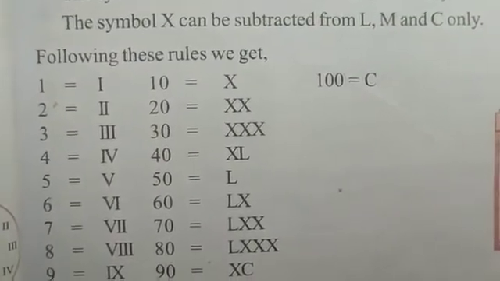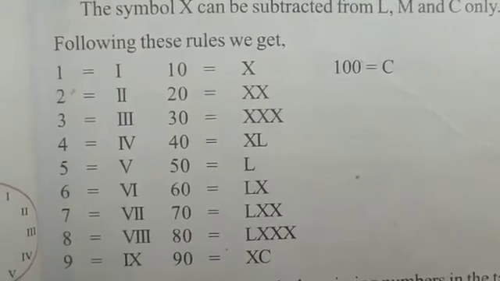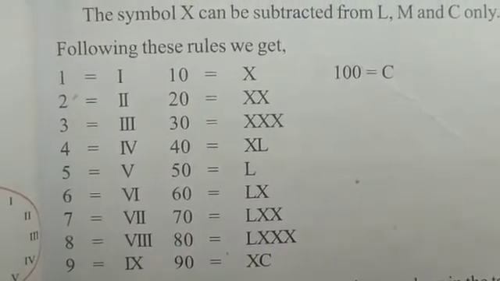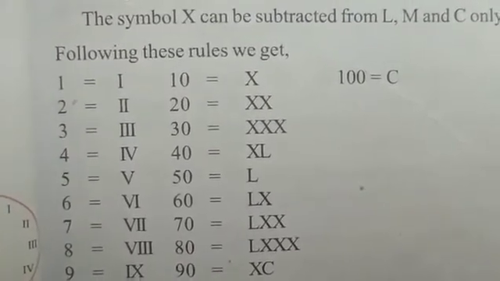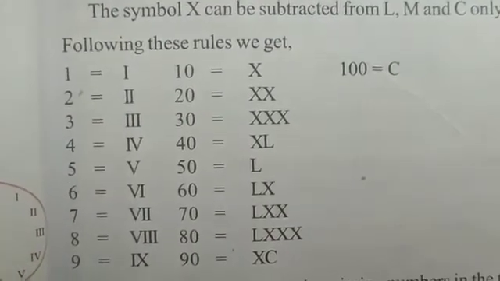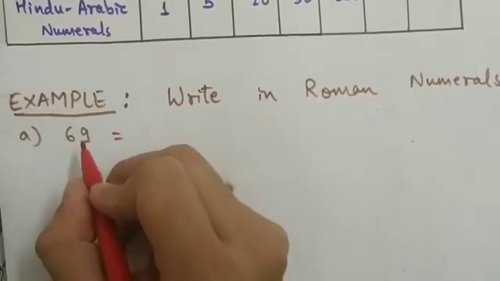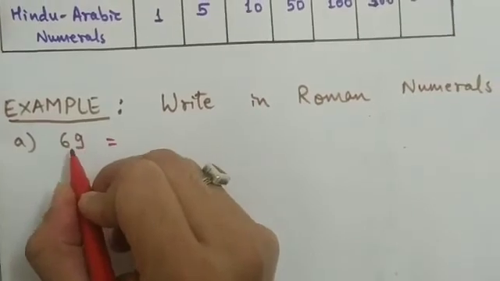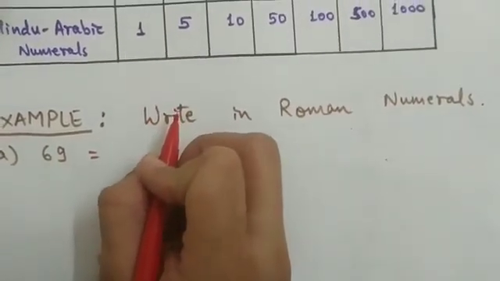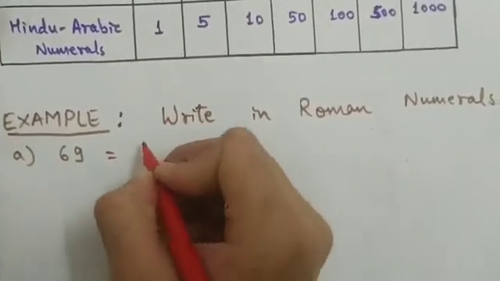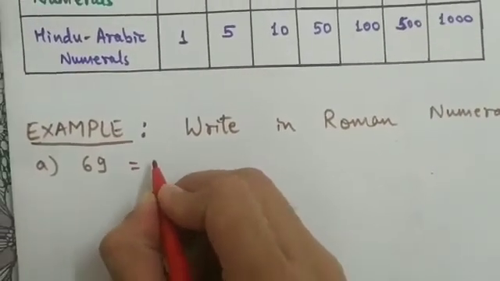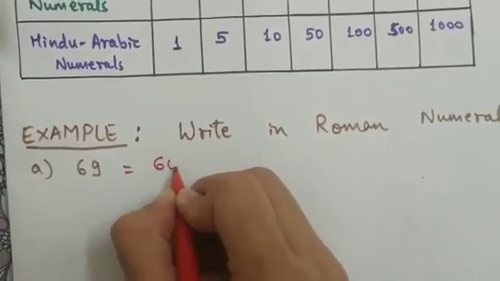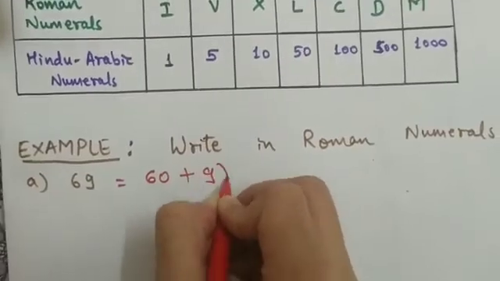Okay, now we take one or two examples of how to represent Roman numerals of a given number. Students, suppose we are taking 69 as a number, and we have to write this number in Roman numerals. So how will you write 69? 69 can be written as 60 plus 9.